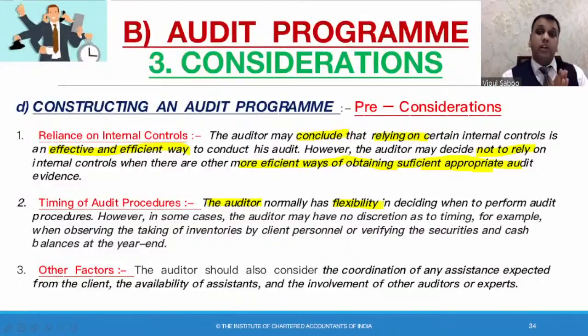So if he doesn't want to be a pain to the client at that particular time, he will keep his audit procedures which require only his time, the books and all, at that particular time, and which require the cooperation, the inquiries from the hotel staff, will keep those audit procedures before that time, before 25th December or the holidays time or the vacation time, so that the client and they work hand in hand, cooperating with each other. So the auditor normally has flexibility in deciding when to perform audit procedures.